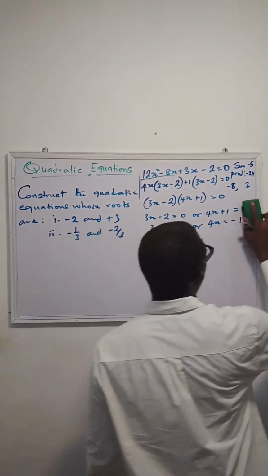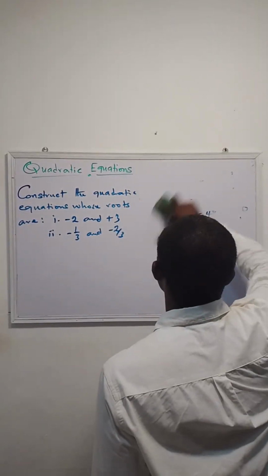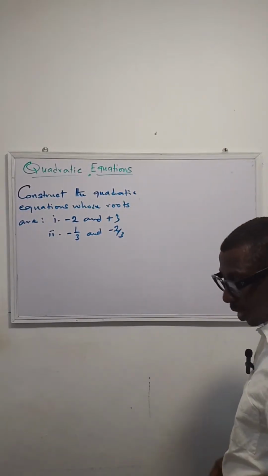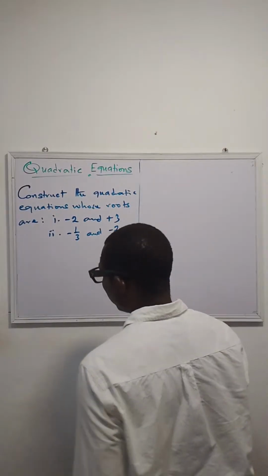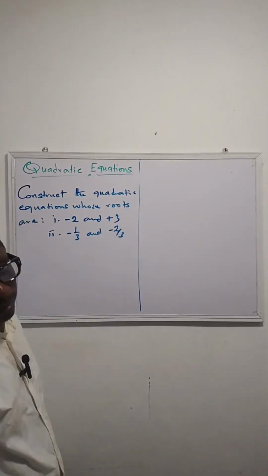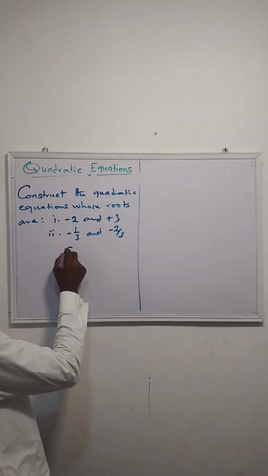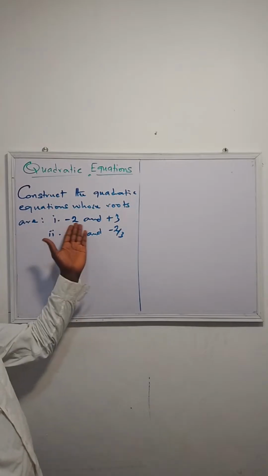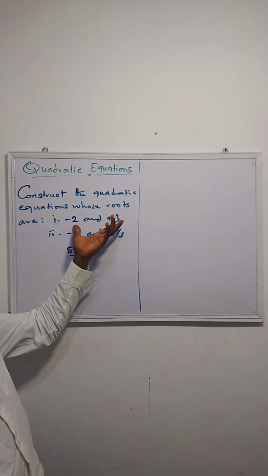Now we are given this question. We have to obtain the quadratic equation whose roots are these. What the question wants us to get is the equation whose answers are these. That is, when you solve the quadratic equation, these are the answers you are going to have.